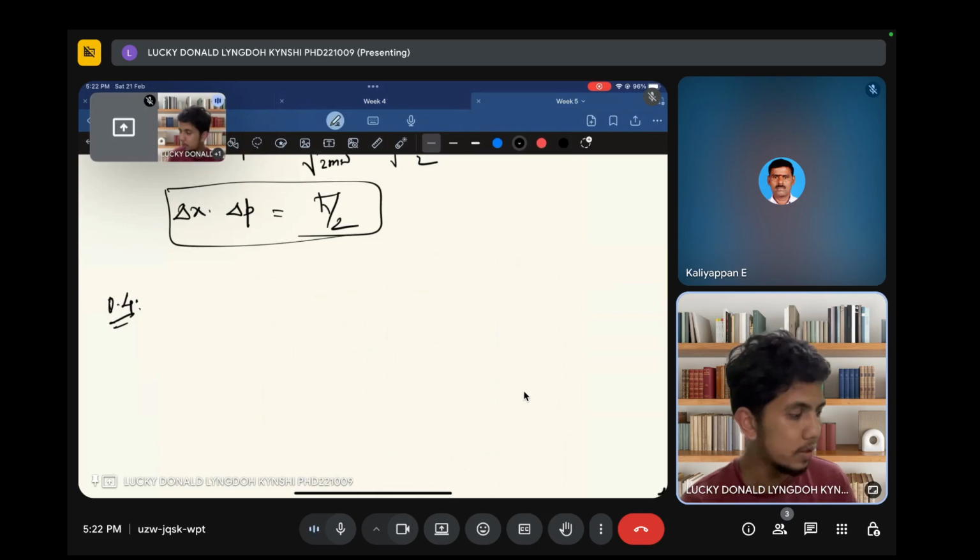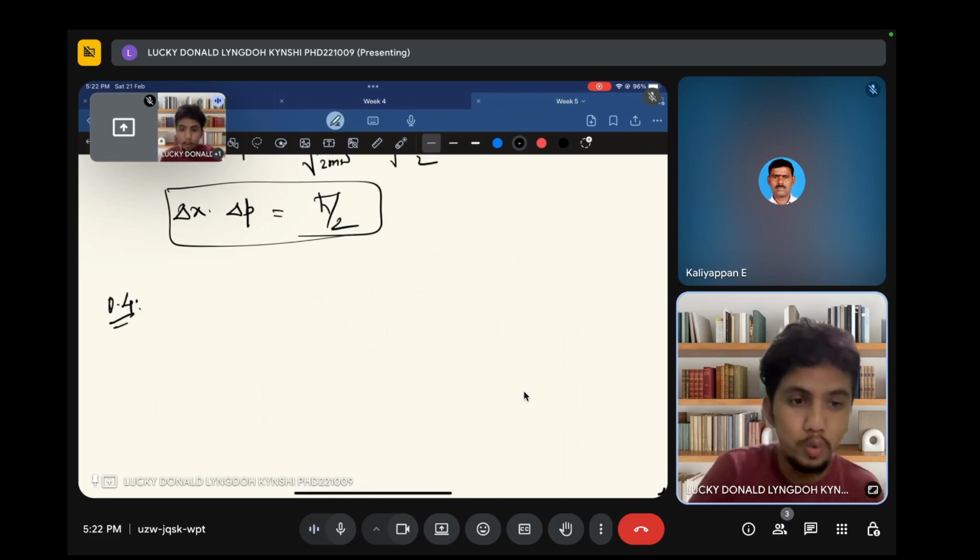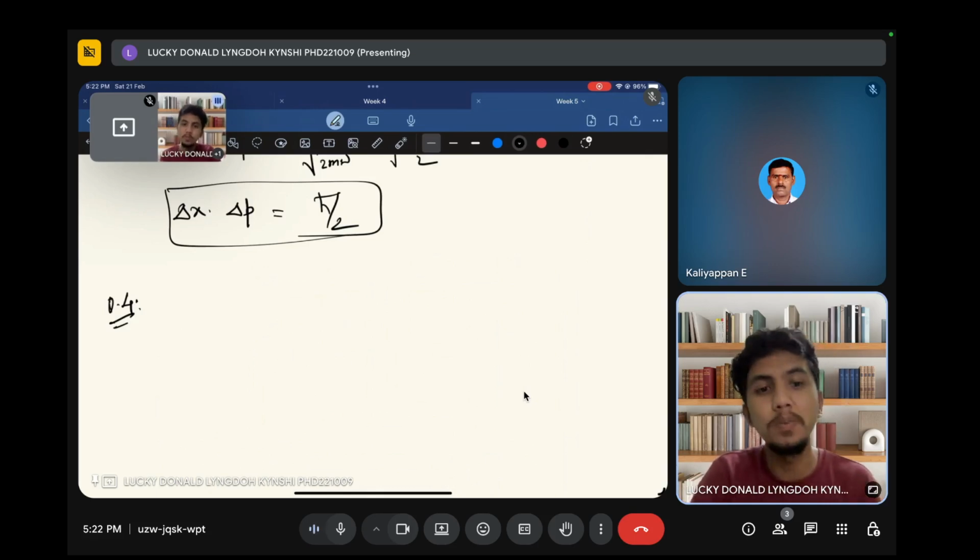Question number 4 instead asks what happens to the transition lines when exposed to an electric field. That means you introduce a perturbation. We have not talked about the time dependent case; we are talking about time independent perturbation.